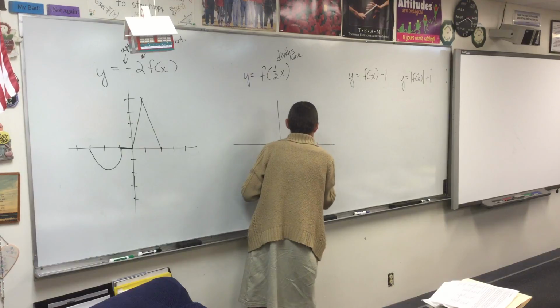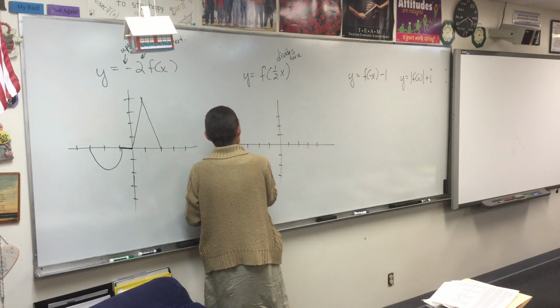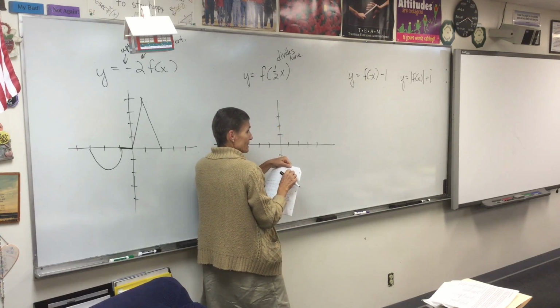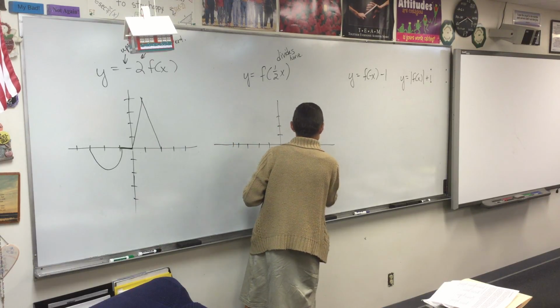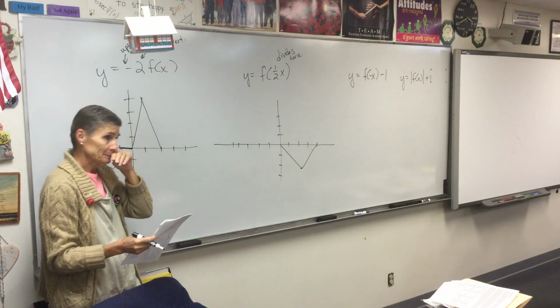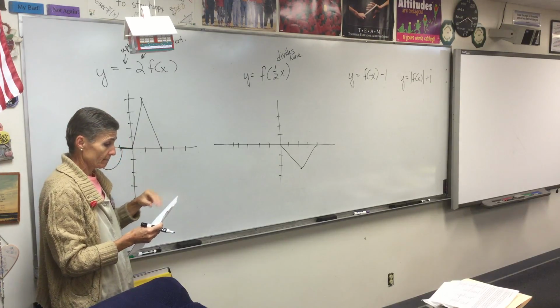Not flipped over or anything like that, just twice as wide. All right, so here we go. See that V? How wide is he in the original? 2. So now he's going to be 4 wide. Still down 2. We didn't change the height of it at all, just the width.